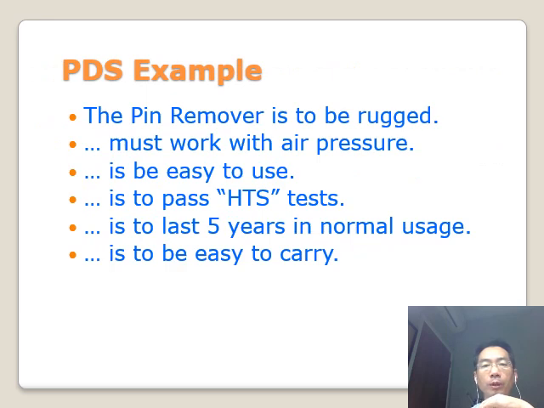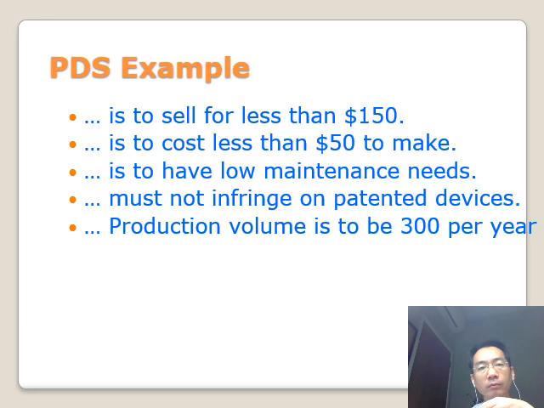Some more examples: must work with air pressure, to be easy to use, is to last 5 years in normal usage, and so on. That is, we sell for less than $150 and it is to cost less than $50 to make, is to have low maintenance needs. All of this information will be brought into the mechanical design process as well as the manufacturing ability study process.